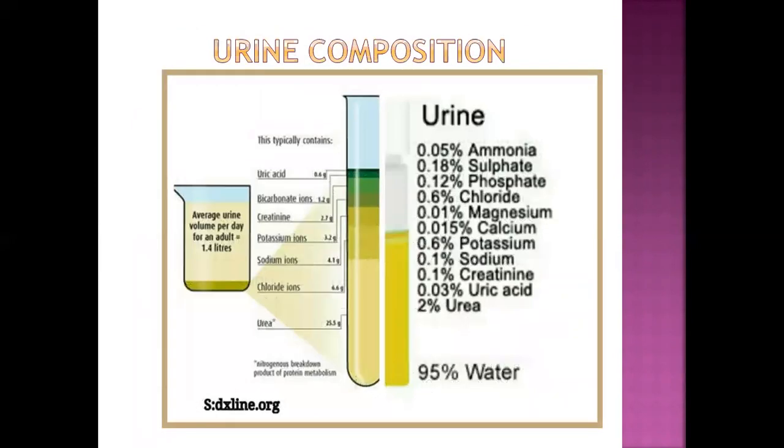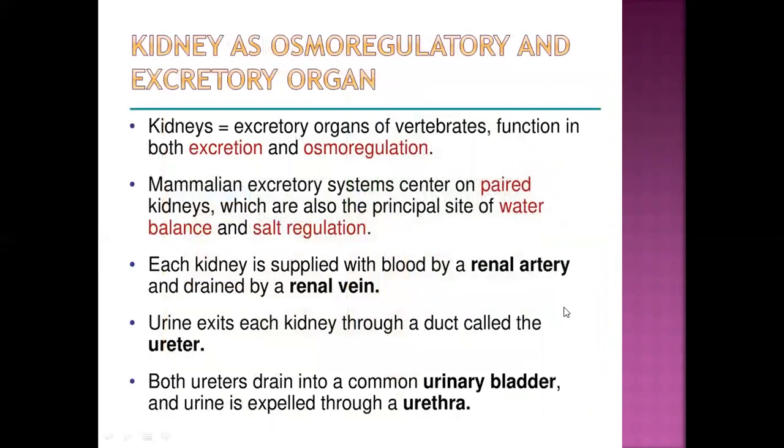After that, the composition of urine: how many things are present in urine. Most importantly, sodium, potassium, creatinine, uric acid, urea, water. These and ammonia are the major portions of urine, but some other salts, magnesium, phosphate, sulfate, chlorides are also present in urine.